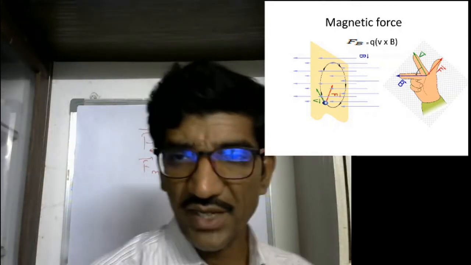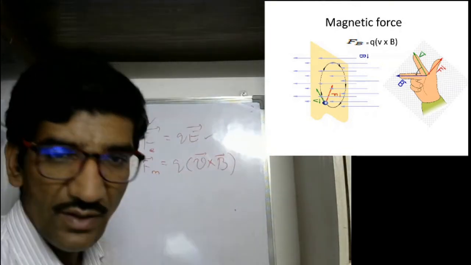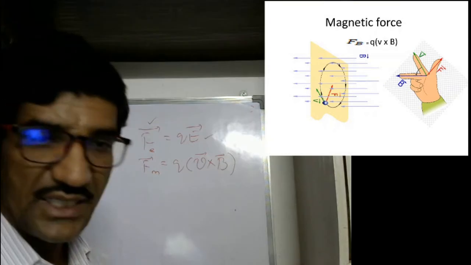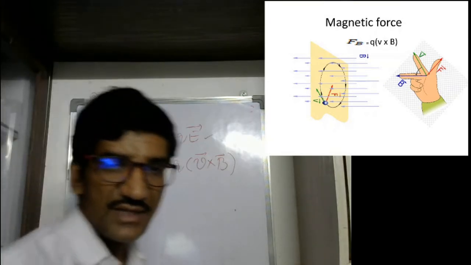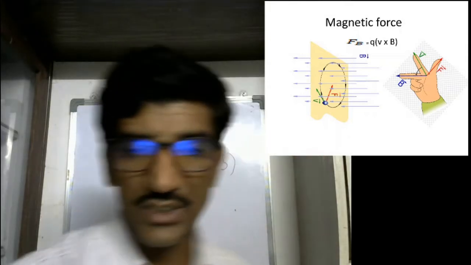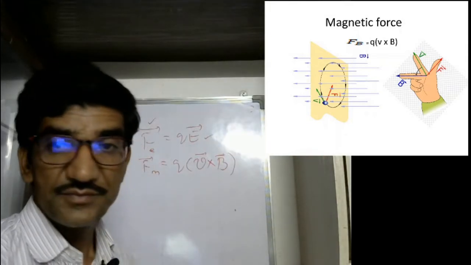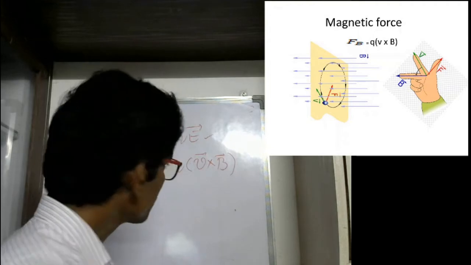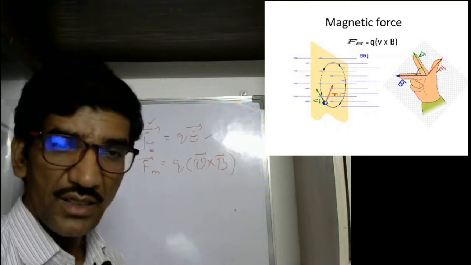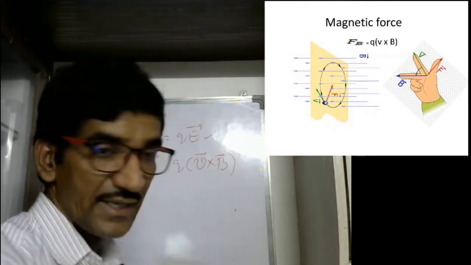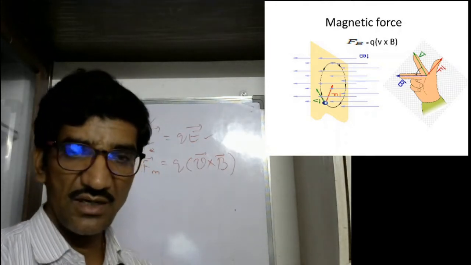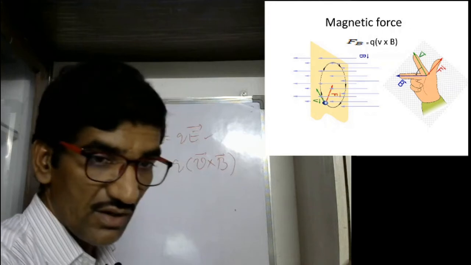Here, you may use the right hand screw rule or right hand rule. Whenever you take your right hand and suppose that your fingers are taking v vector onto b vector.